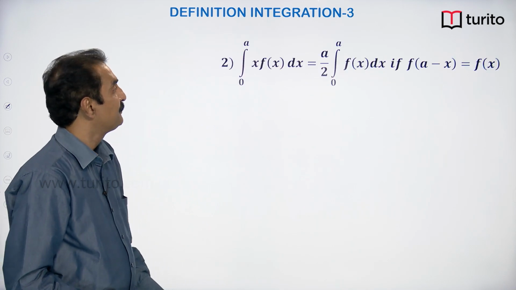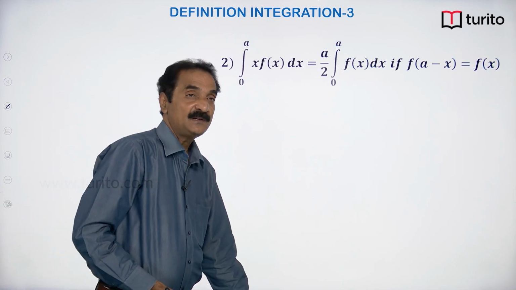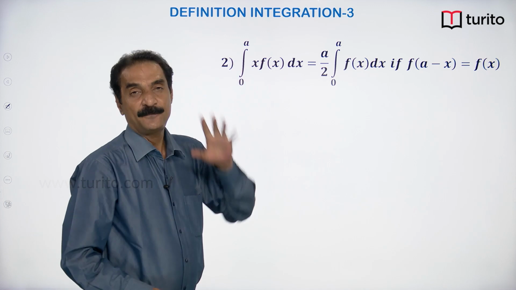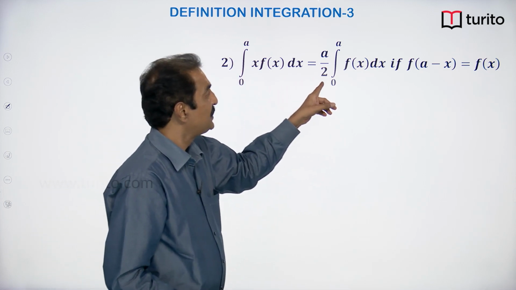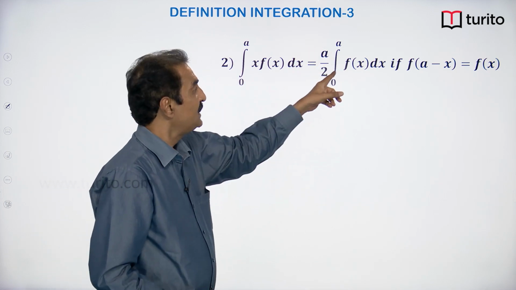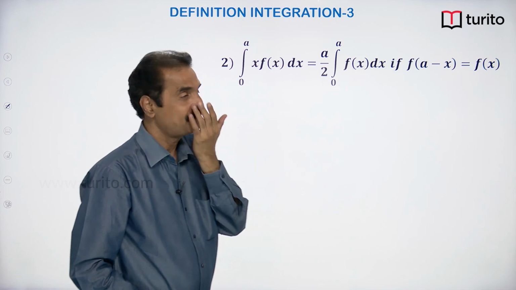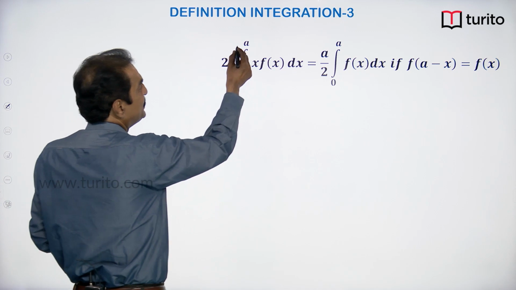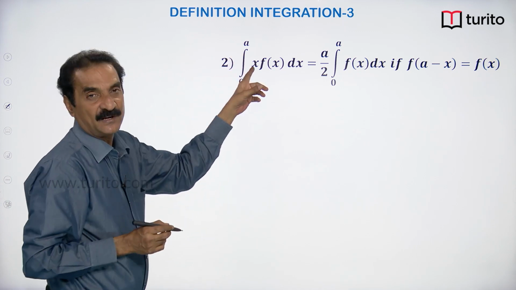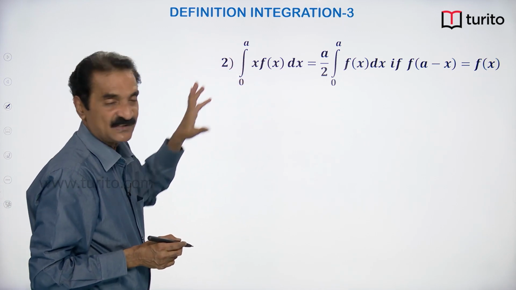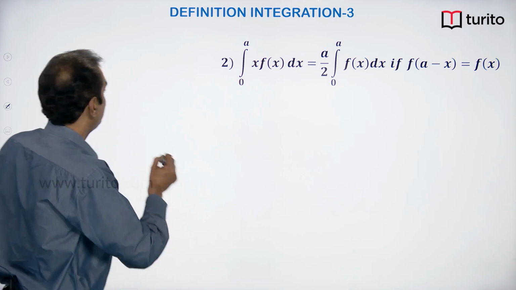Next, integral 0 to a x f of x dx is equal to a by 2 integral 0 to a f of x dx if f of a minus x is equal to f of x. When the limits are 0 and a, immediately you will try that property, replacing x by a minus x.